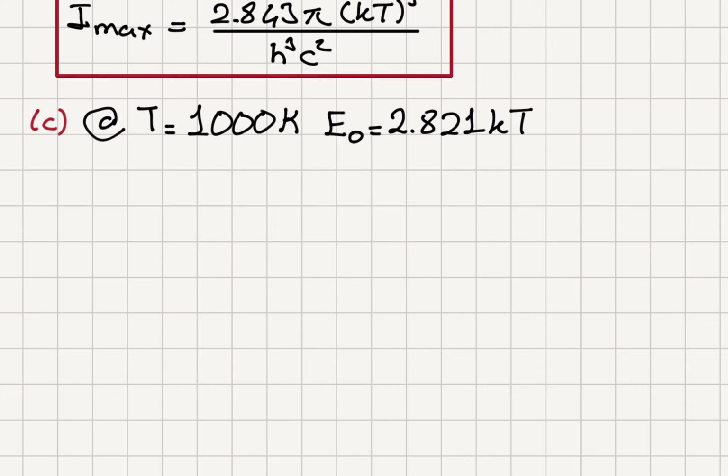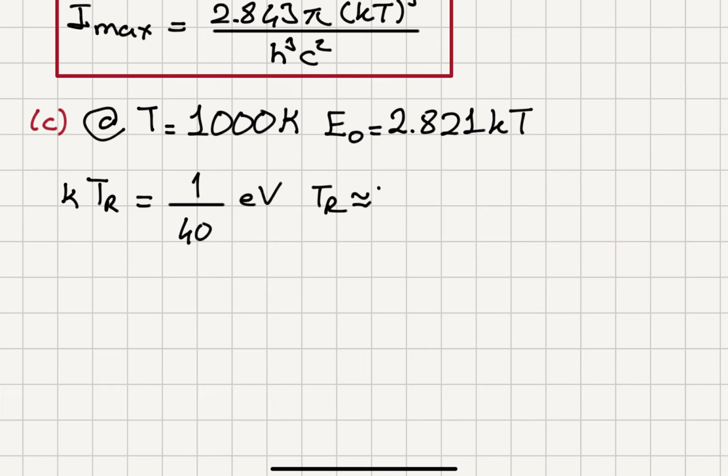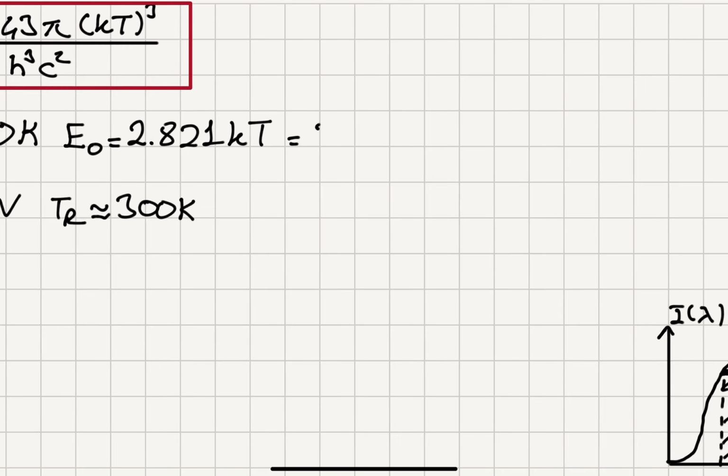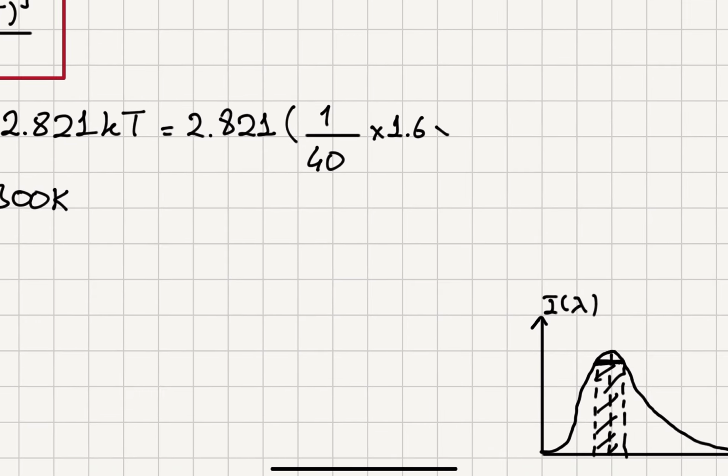Now we can convert this to joules. We know that the kT value at room temperature is 1/40 electron volts, and room temperature is roughly 300 Kelvin. So this can be written as 2.821 times 1/40 electron volts, convert to joules, 1.6 times 10 to minus 19 coulombs.